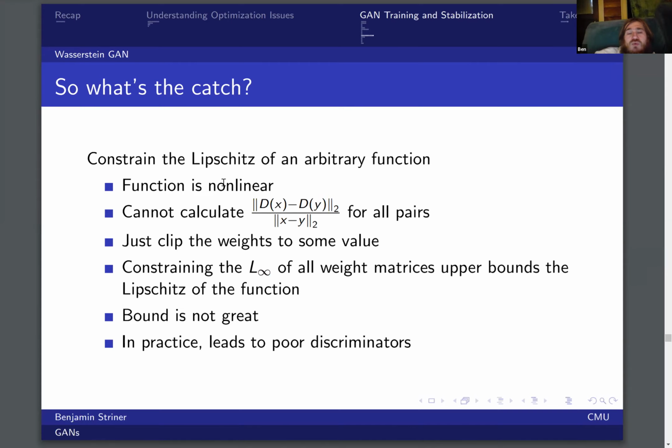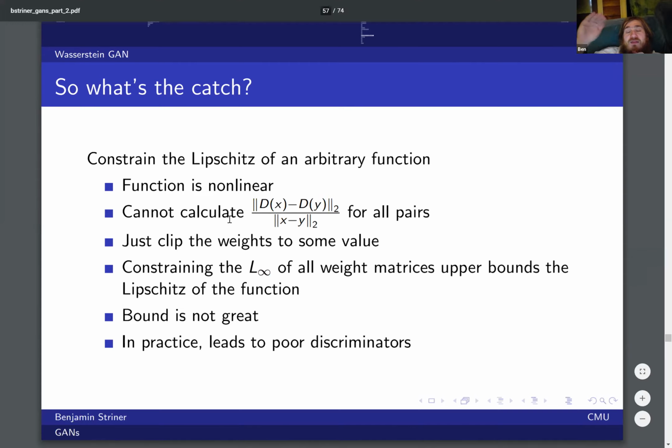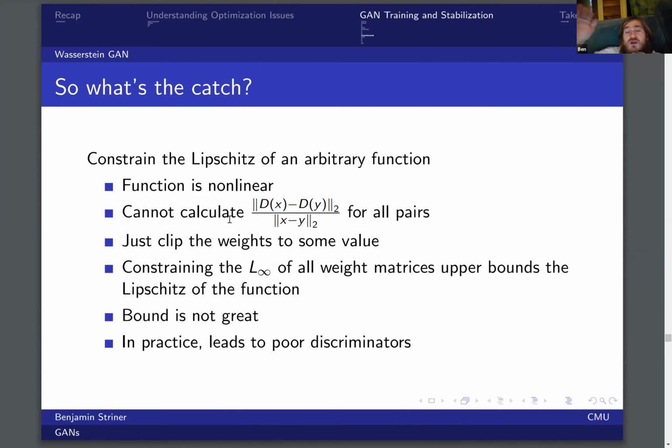So we can't guarantee the Lipschitz and make that the only thing that we're guaranteeing for a neural network. The Lipschitz is dx minus dy over x minus y. This is squared because that's the L2 Lipschitz, but any Lipschitz is fine. But if you wanted to calculate that, you would have to do that for every single point in the data.